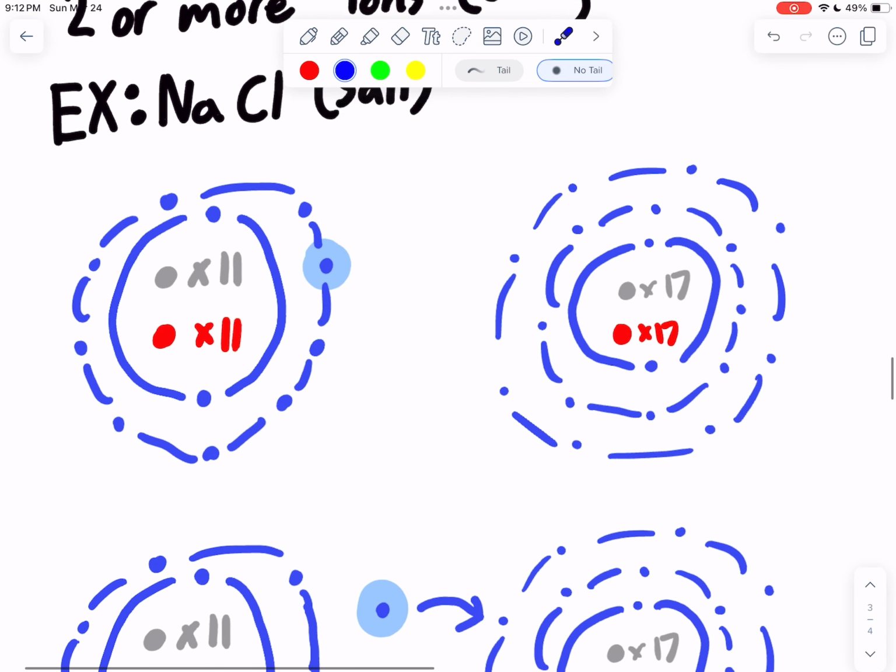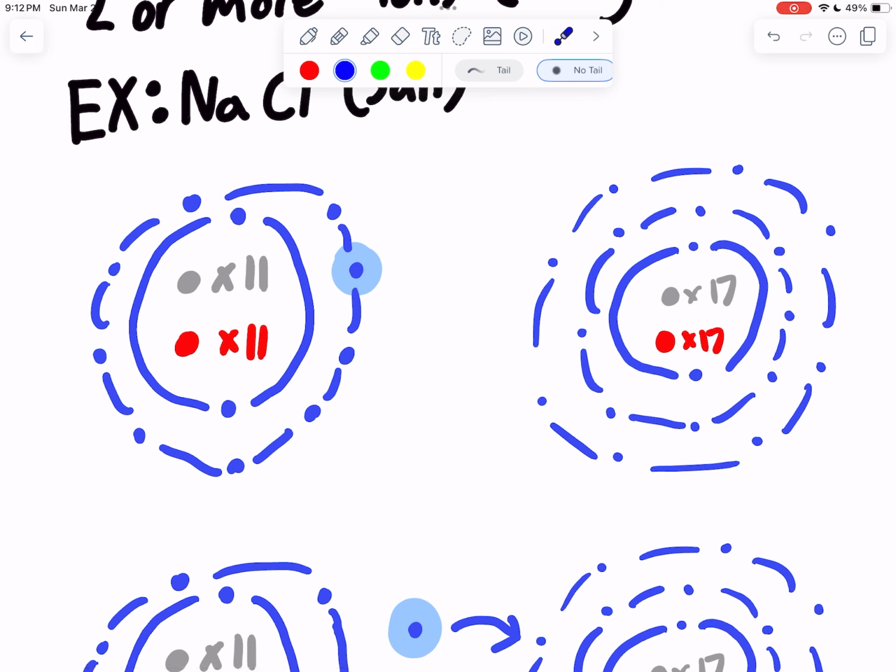And this happens essentially when one molecule, in this case a sodium ion, and over here a chloride ion, or chlorine. Essentially what happens is the sodium ion has 11 protons in the middle, and 11 electrons around here, because it's trying to theoretically match the 11 protons.